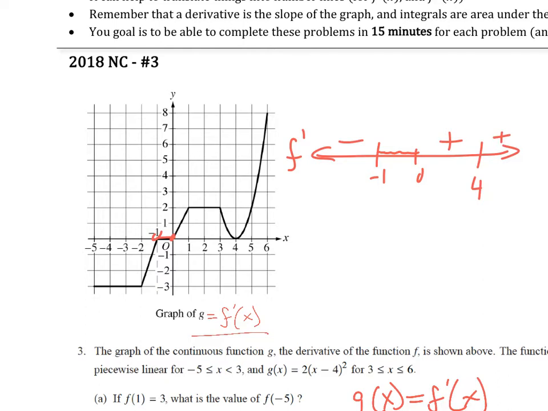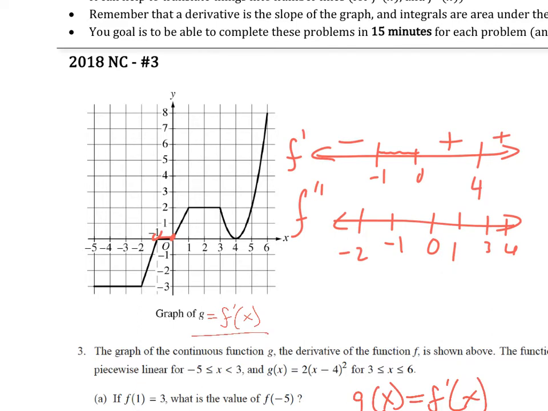And we might need to find f double prime. Remember, that would be the slope of this. The slope changes at these different points, like at -2, at -1, at 0, at 1, and so forth. Now in this particular problem, f double prime might not make any sense or might not be useful.